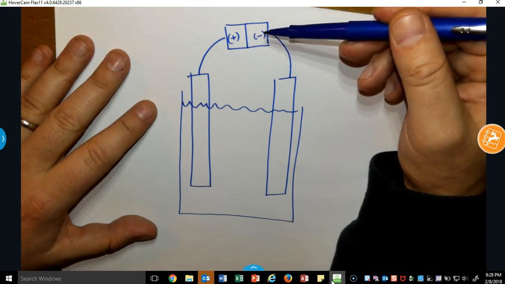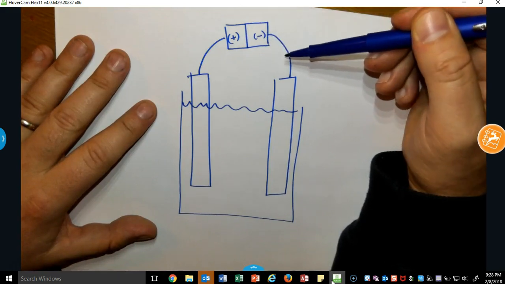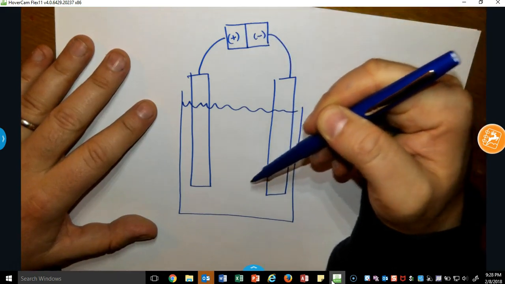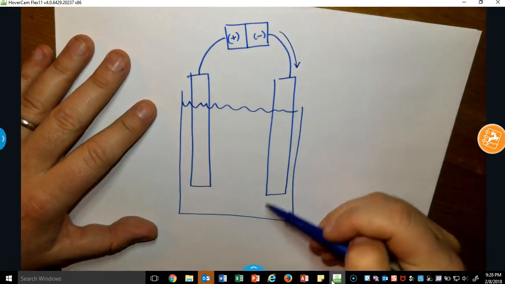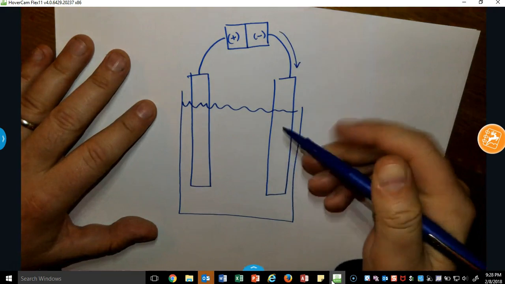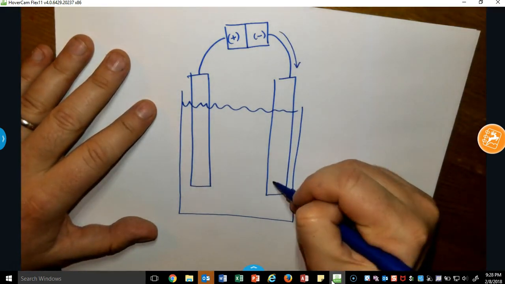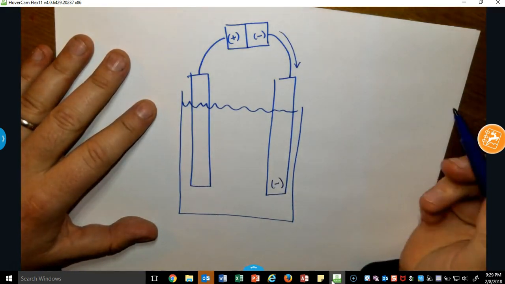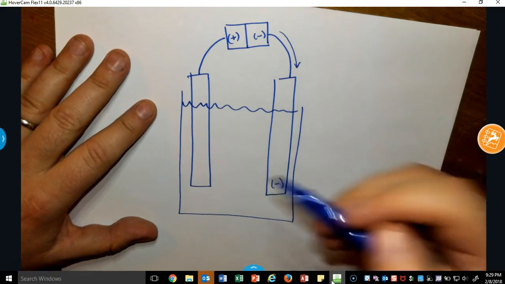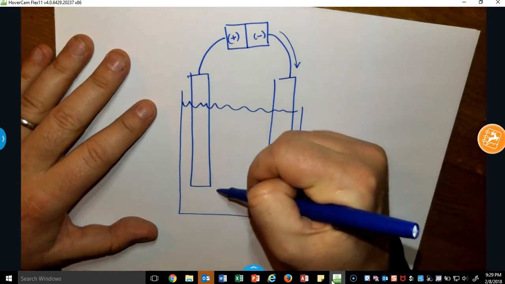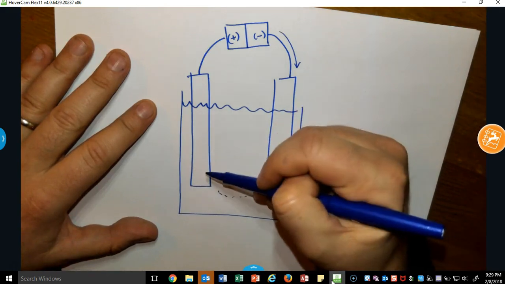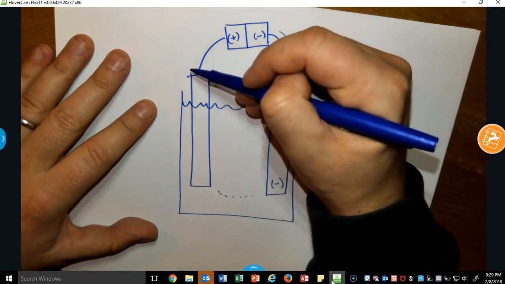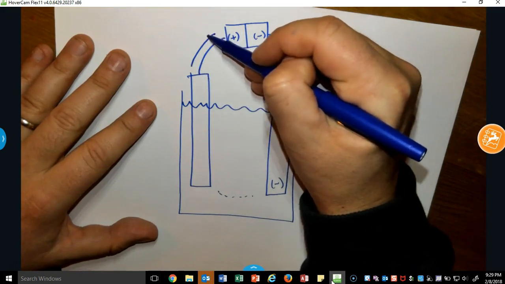Now, once you connect the battery to the electrodes submerged in an electrolyte, the electrons will travel from the negative pole into this electrode. That will impart a negative charge on that electrode. And the electrons will travel through the external circuit, or the electrolyte, and travel up into the positive side of the battery.